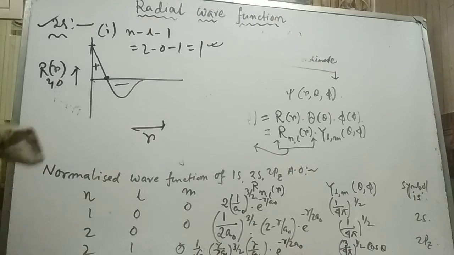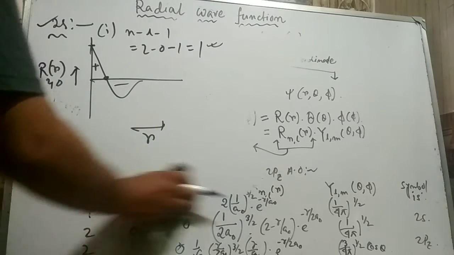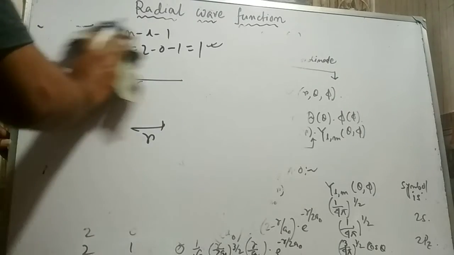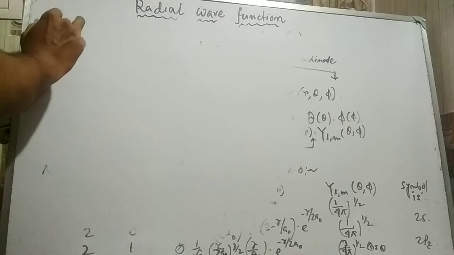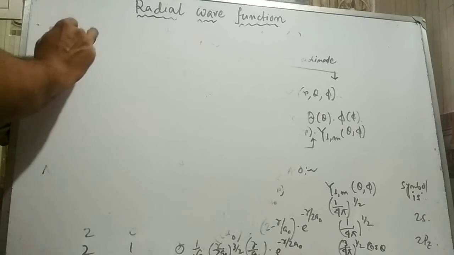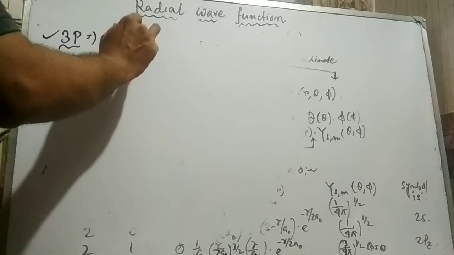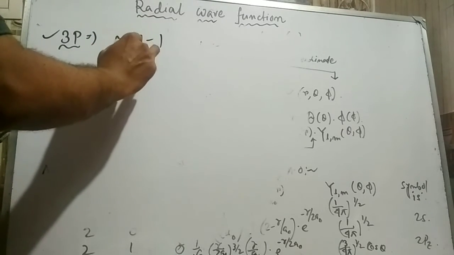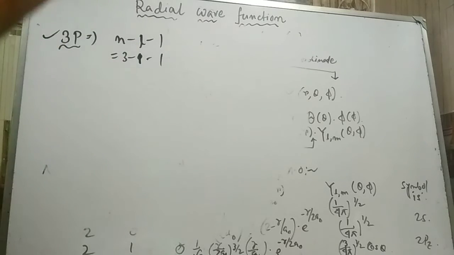Now we draw the curve of the radial wave function for a p atomic orbital, that is the 3p atomic orbital. First of all, the node is calculated. The number of nodes is n minus l minus 1, that is 3 minus 1 minus 1, because for a p orbital the l value is 1.